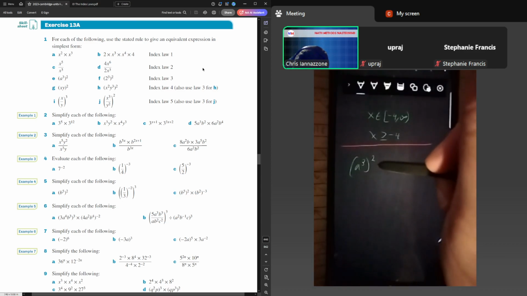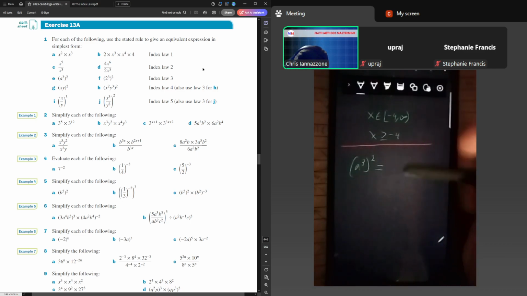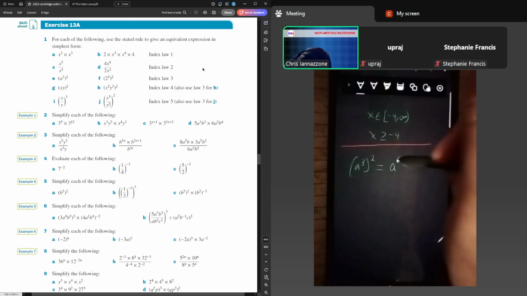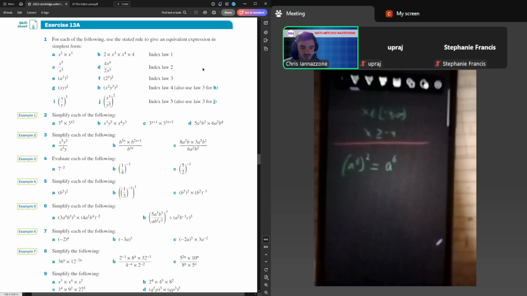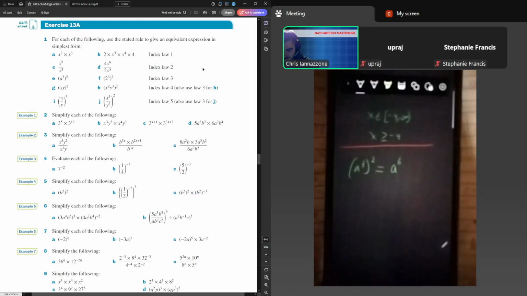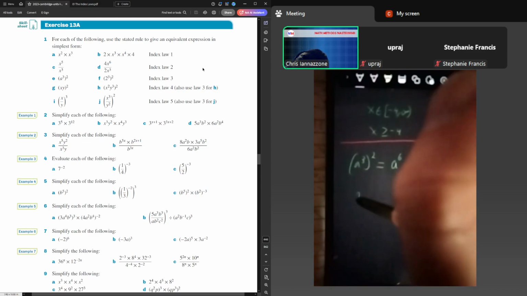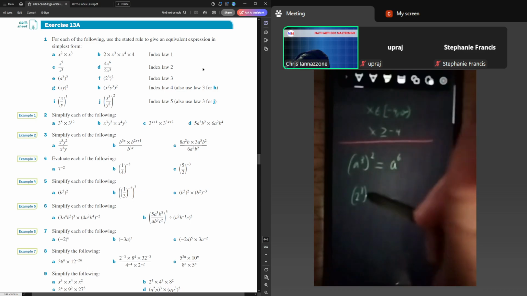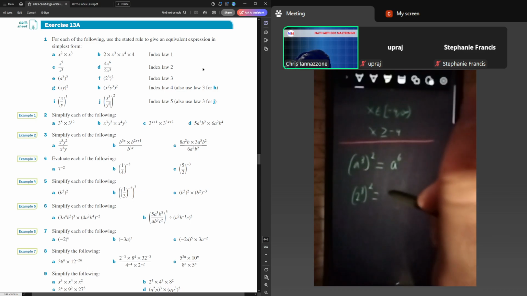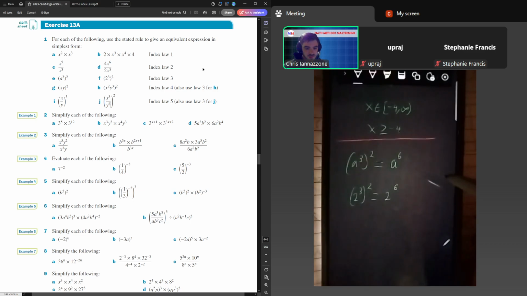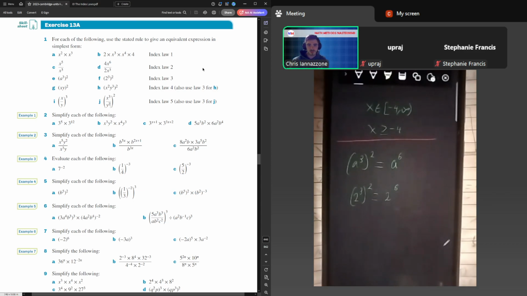So when you have a to the power of 3 and then it is raised to the power of 2, that now becomes a to the power of 6 because you're doing 3 times 2. That's pretty much it. This also works if your base is not a letter but a number. So for instance, if a was 2, you would have 2 to the power of 3, to the power of 2. That is again going to be 2 to the power of 6, which is something you can then simplify from there.